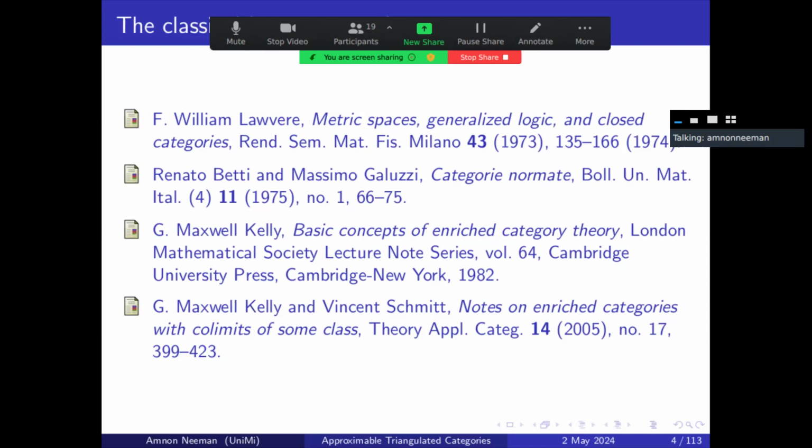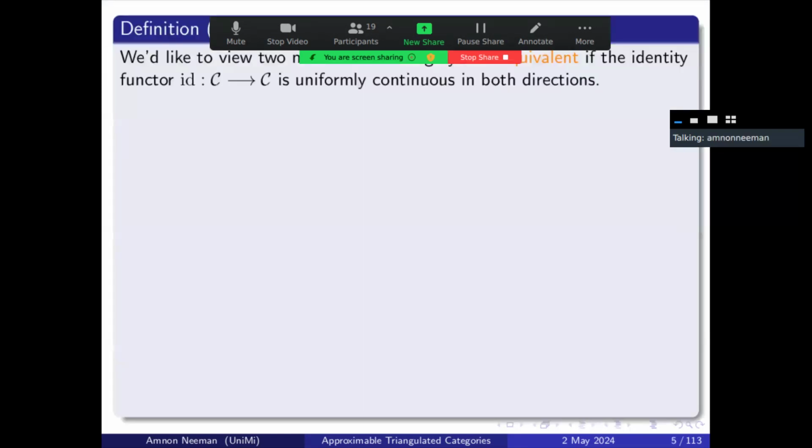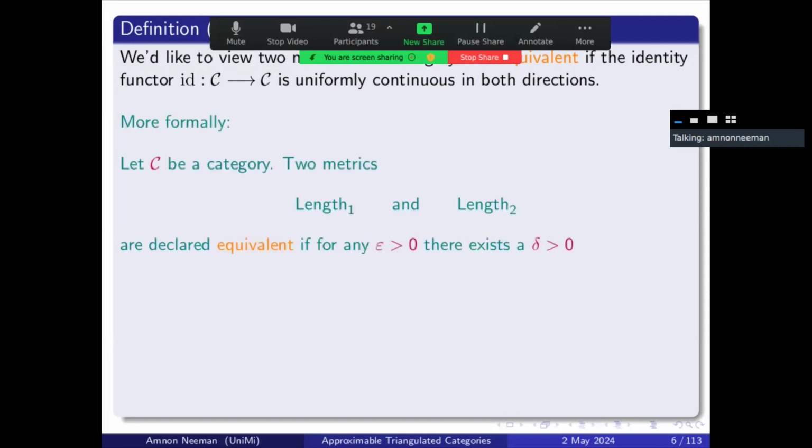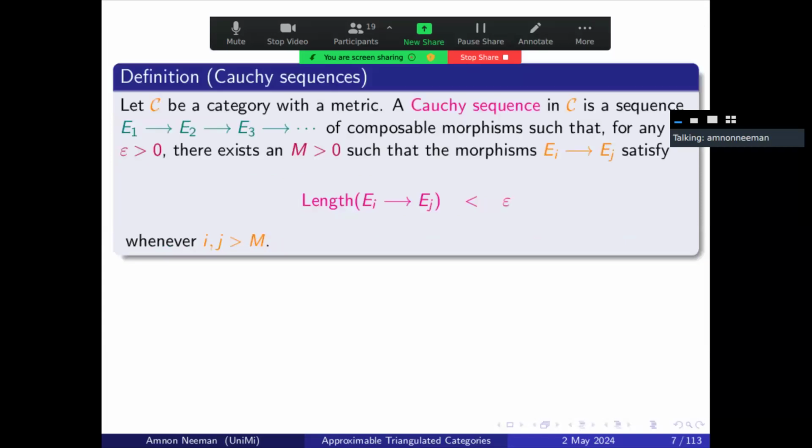I will leave the epsilon delta definition to you. You'd like to view two metrics on one category as equivalent if the identity is uniformly continuous in both directions. Again, there's an epsilon delta definition, which I skip.